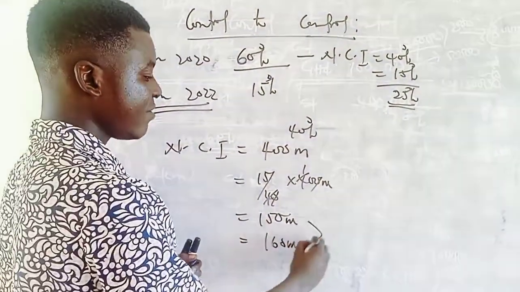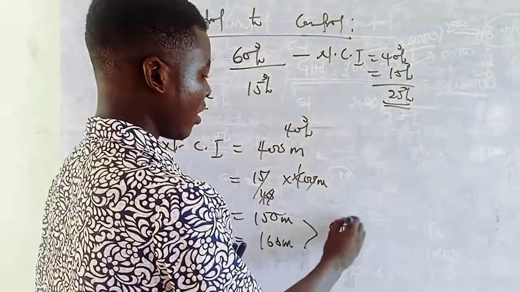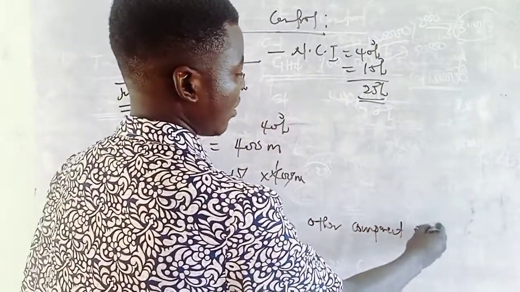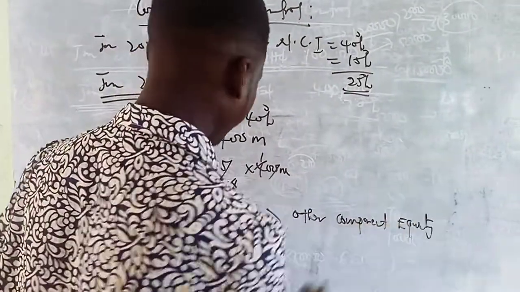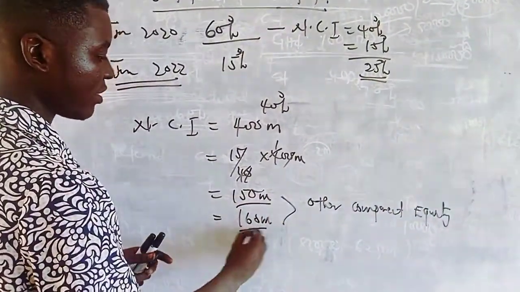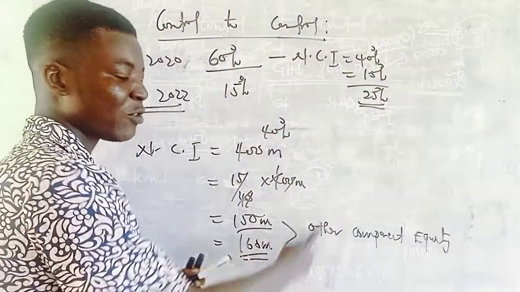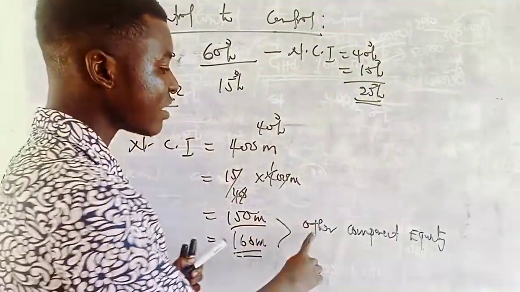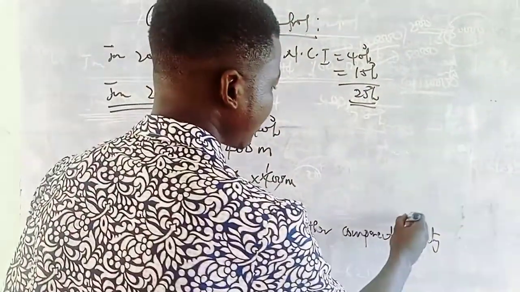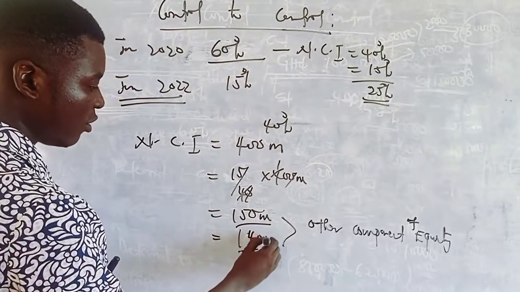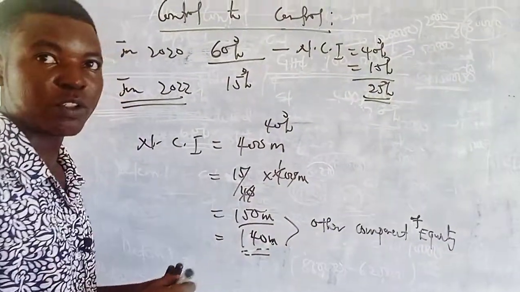So when there is any difference, send it to other components of what? Equity. So what is the difference? You can see that we bought 150, we pay 160. In this case, we should have said that we pay more, so this will be an expense. So we said send it to retained earnings, but the standard said no. Send it to other components of what? Equity. Assuming we pay 140, you still send the 10 to other components of what?